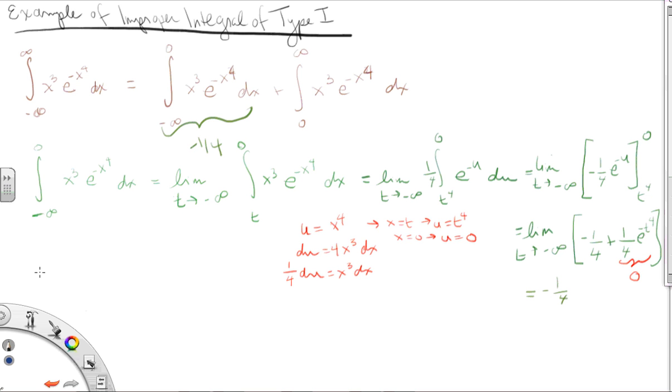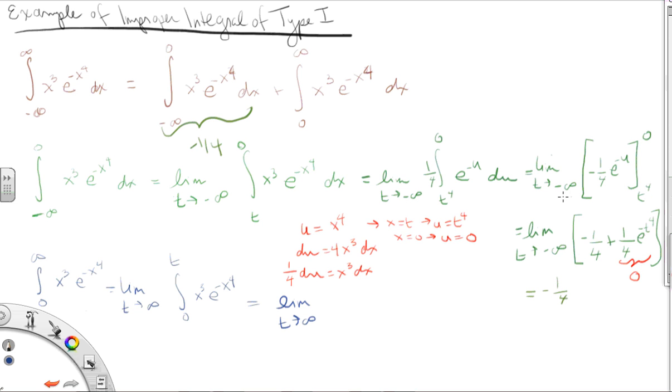The integral from 0 to infinity of x cubed e to the minus x to the fourth is equal to the limit as t goes to infinity of the integral from 0 to t of x cubed e to the minus x to the fourth. We're using the same u substitution.